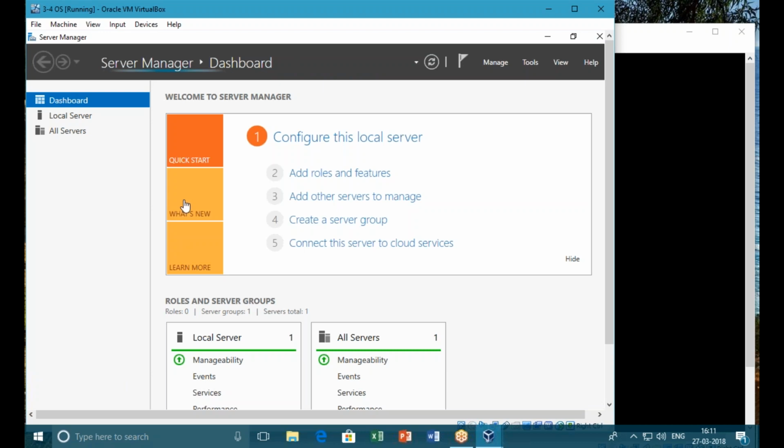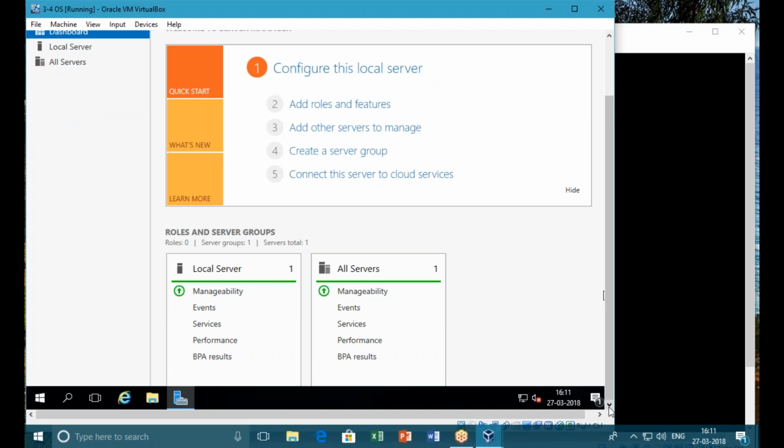Press Windows plus R. Type ncpa.cpl. Just a minute.